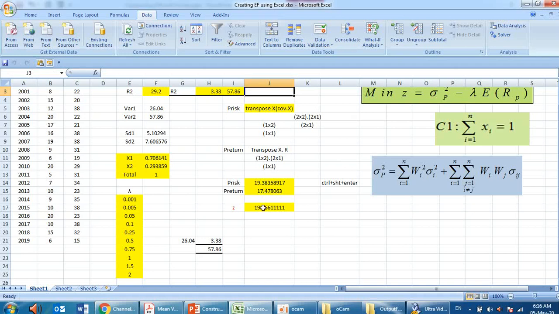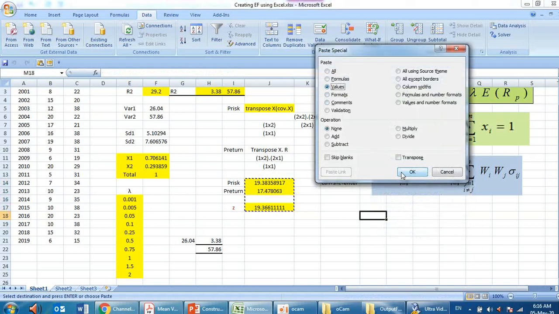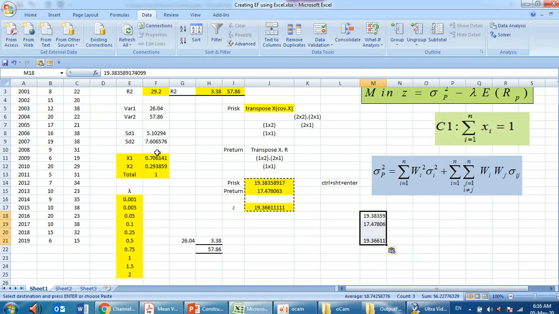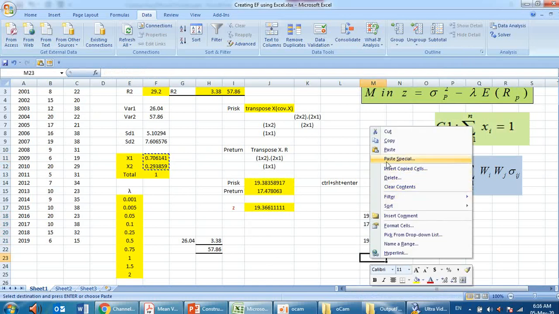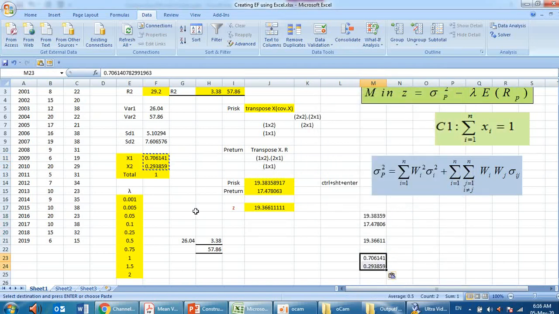Actually we don't want the Z value, but still I'll copy it over here and paste values. If necessary I can put the X values also. Sometimes you want to see what the weights are coming like, and all weights are equivalent to 1. The condition has been met.